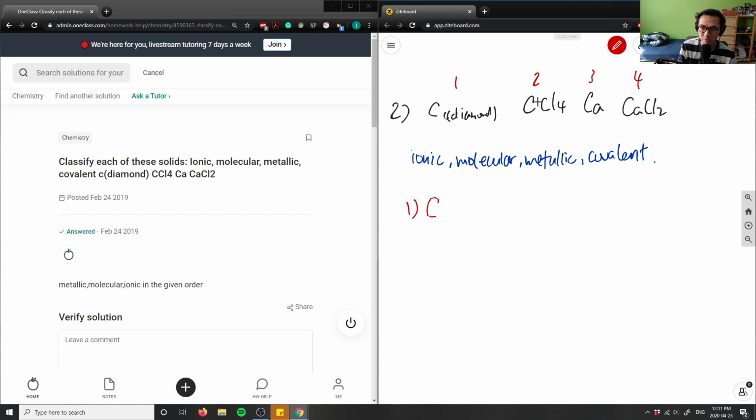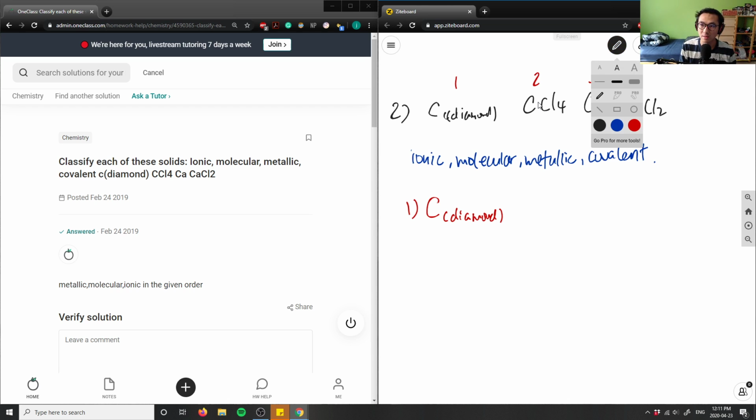Number 1 here, we get a carbon, which is in the shape of a diamond, right? So in the shape of a diamond, we have basically carbon-carbon bonds attached to each other. If you look at the chemical structure of diamond, it's very similar to how the network of carbons is bonded in graphite. Graphite is another carbon-based compound that has many carbon to carbon bonds.